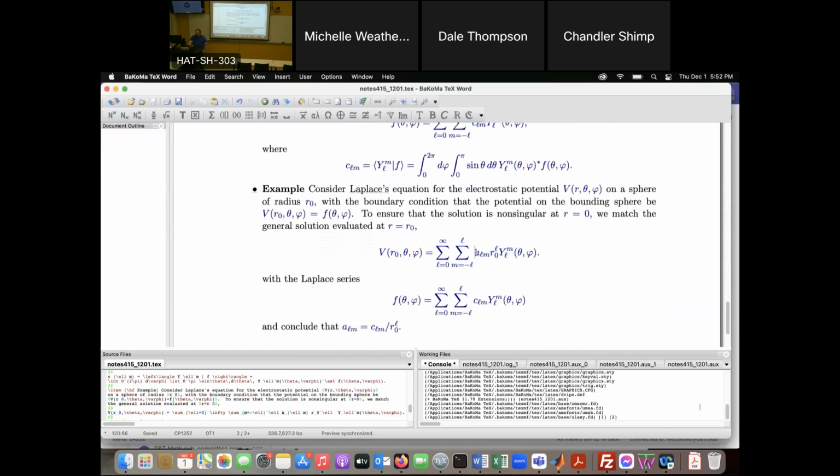That will give you the coefficients of your solution that you're looking for. So that's the overall process of solving these kinds of PDEs on a sphere. And of course, much of the time was spent talking about the kinds of functions that you get as part of your solution and what kind of properties they have.